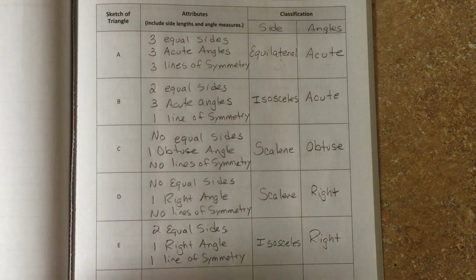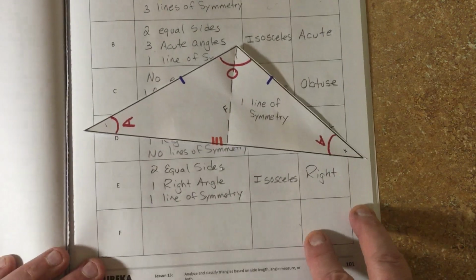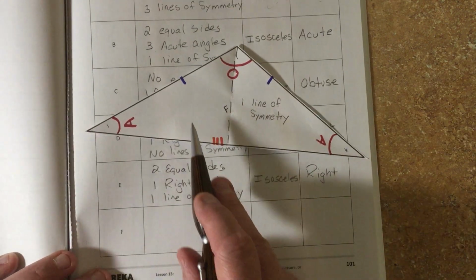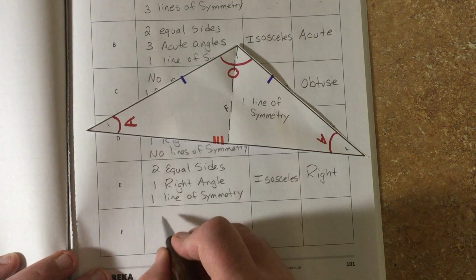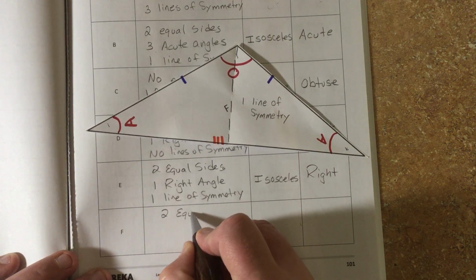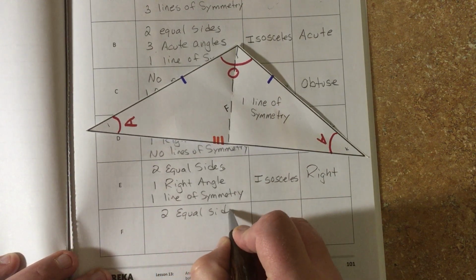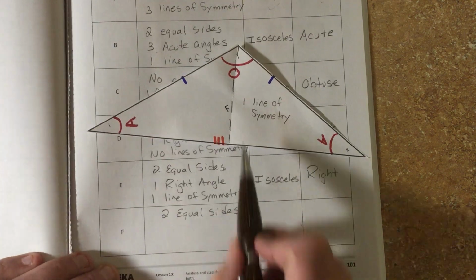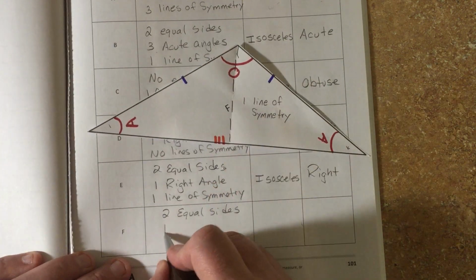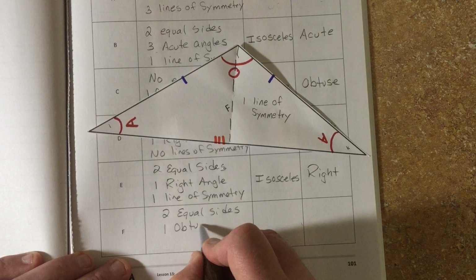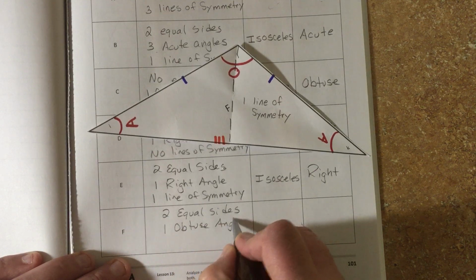And the last one, letter F. We have two equal sides. We have that obtuse angle right there, so we have one obtuse angle.